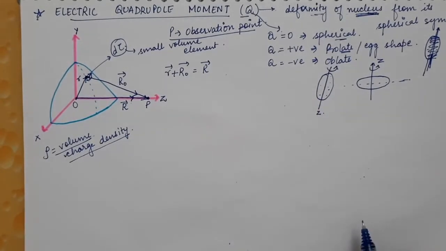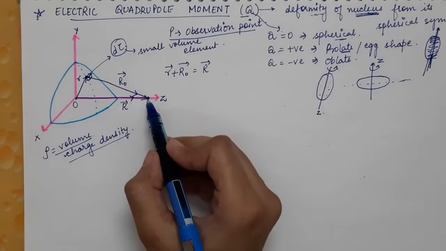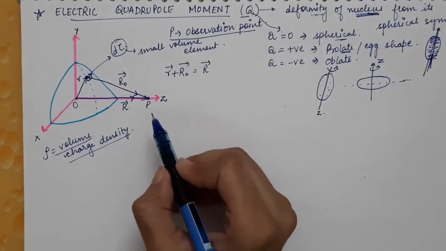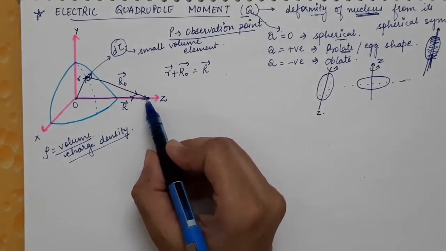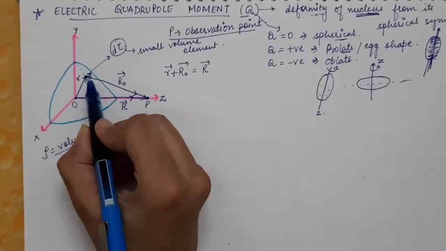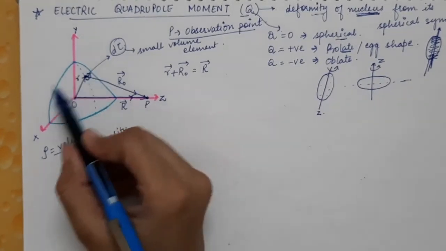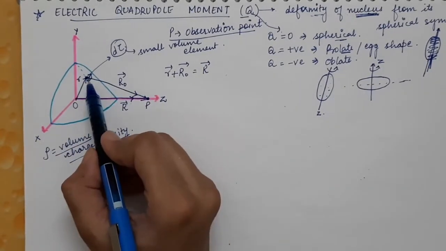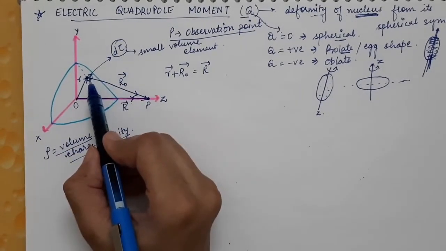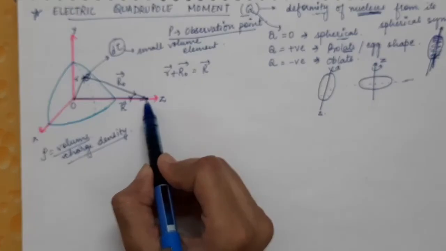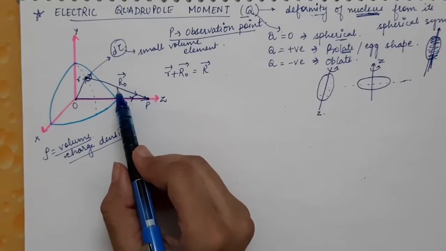To find the total potential at point P due to the whole charge distribution, first of all we will find the potential due to this small volume element. That is the potential due to the charge present in this small volume element, because charge is distributed over this whole system, and this d tau will have a particular charge in it, and there will be a particular potential due to this charge at this particular point, which is at a distance of r naught.